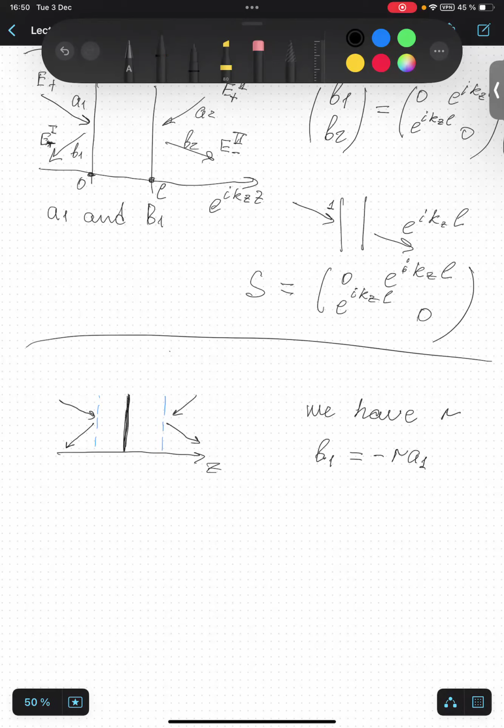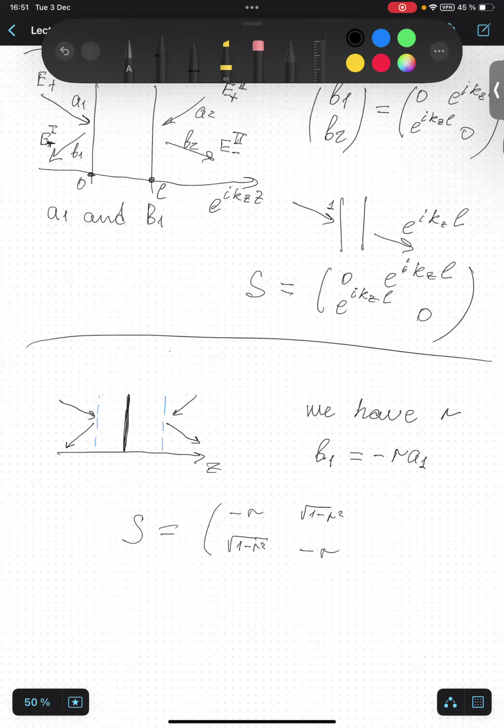So in this case, we can write the S matrix. So minus R, here the transmission coefficient. But here we also have phase.